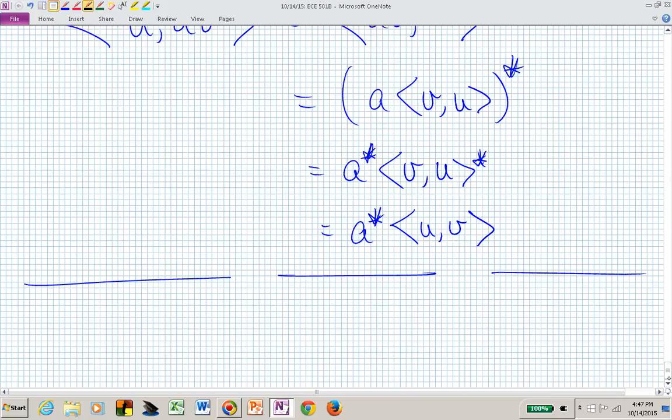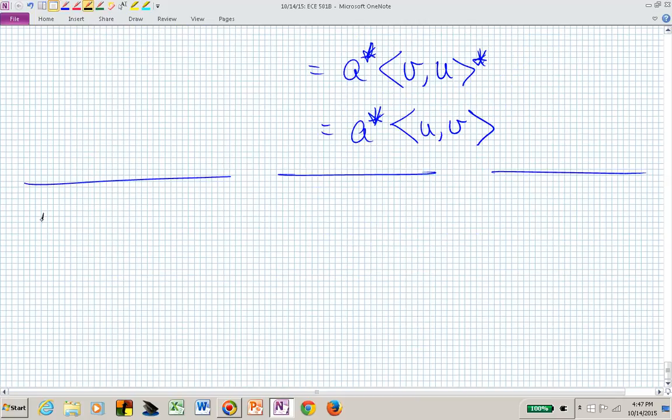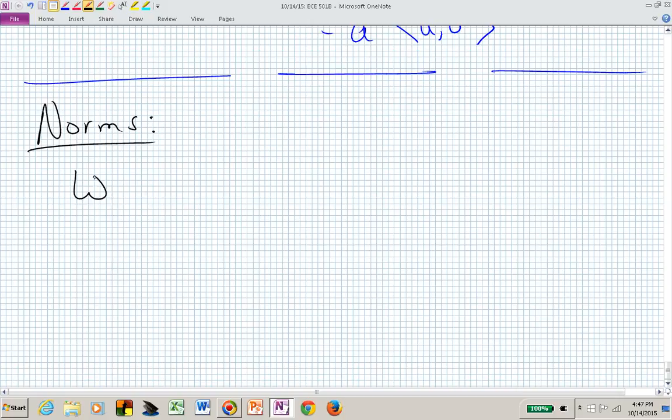Now that we have this inner product, we now have a norm. We've actually discussed various norms before. We had the 1 norm, the 2 norm, the 3 norm. We didn't talk about the 4 norm, but we talked about the infinity norm.